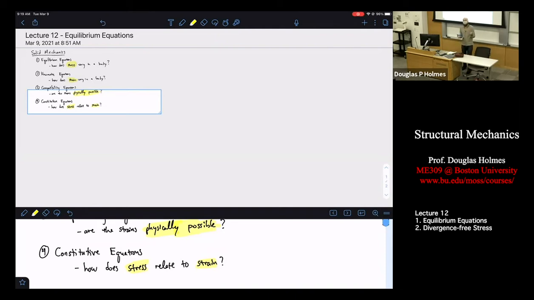A huge proportion of the aerospace industry, aerospace structures, are composites, often composite laminates. And what that means is you take something like carbon fiber or fiberglass, which are kind of woven fabrics, and you immerse them in some sort of matrix like epoxy.